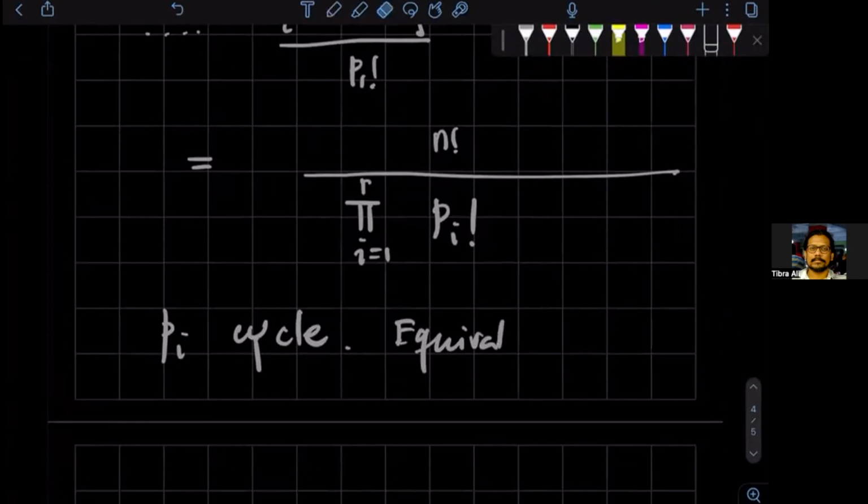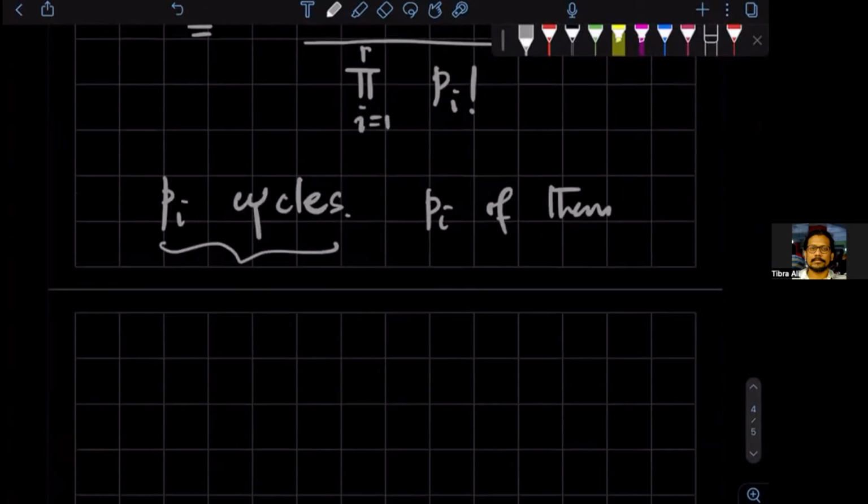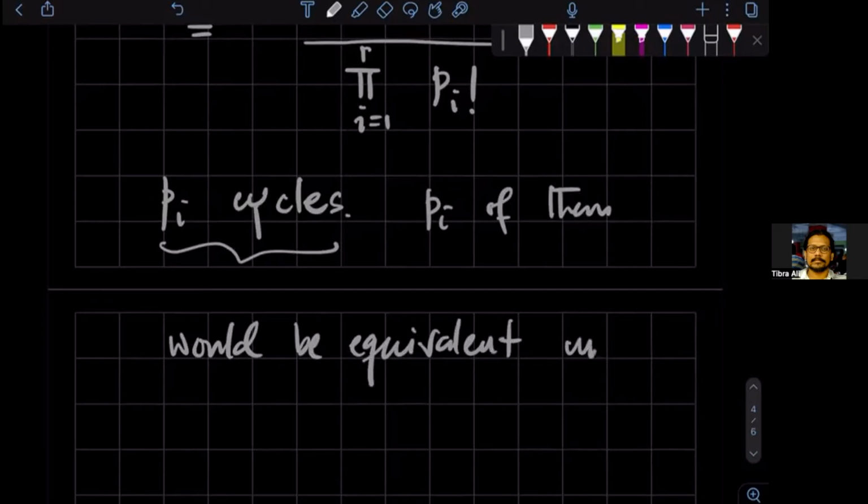I should say, if I look at the P_i cycles, then P_i of them would be equivalent under cyclic permutation.